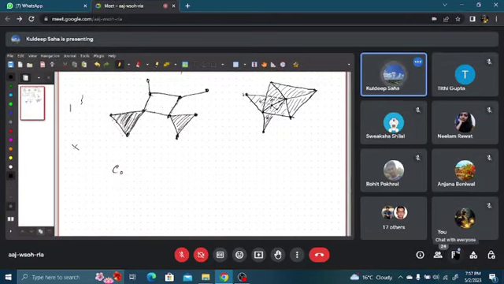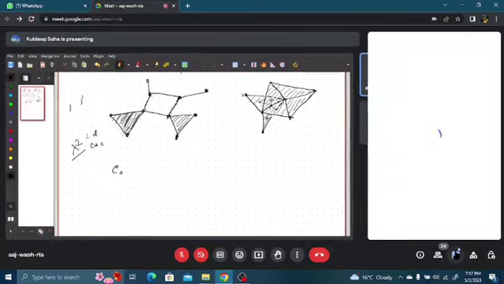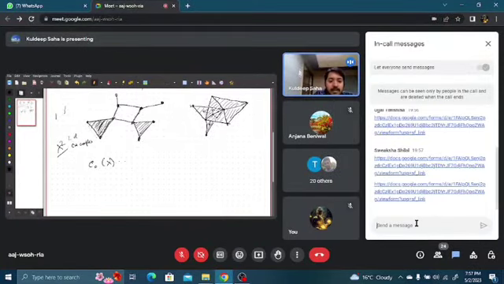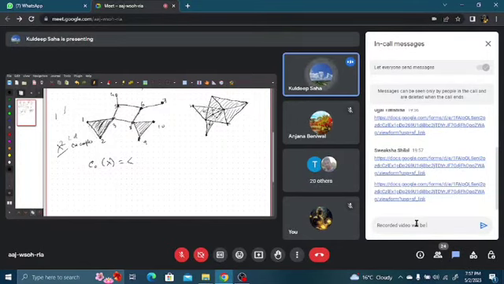So if I have X2, a two-dimensional CW complex, I can define C1 of X with finitely many. Let us just look at this example. 1, 2, 3, 4, 5, 6, 7, 8, 9, 10. And we give arrows.